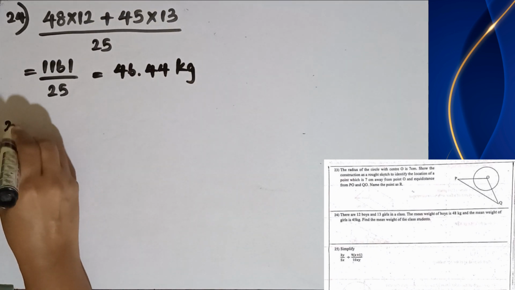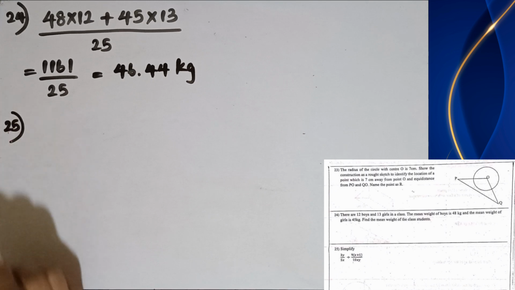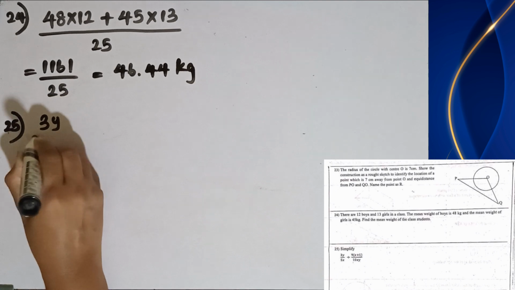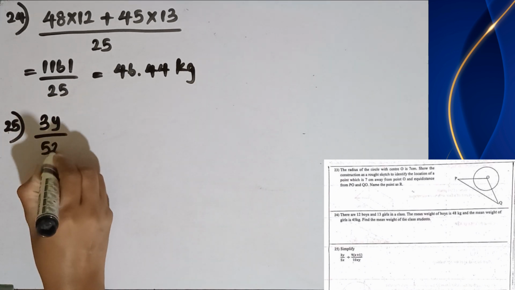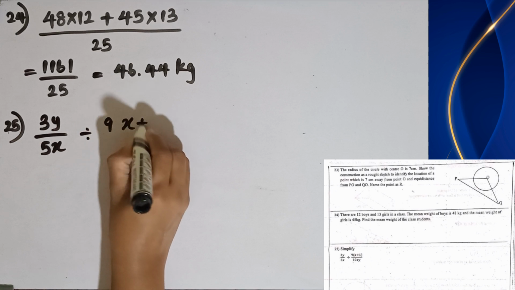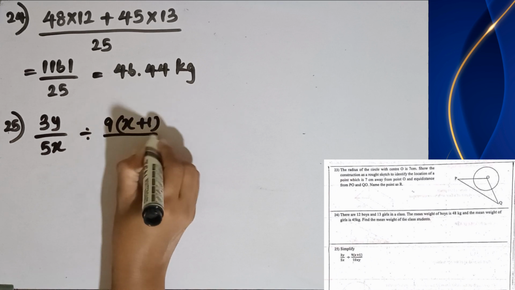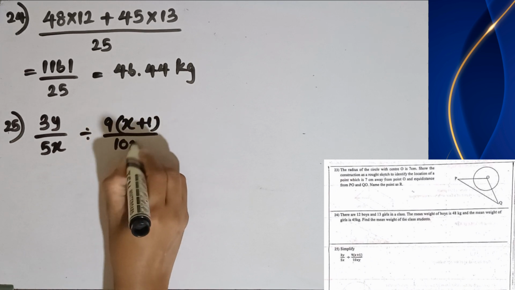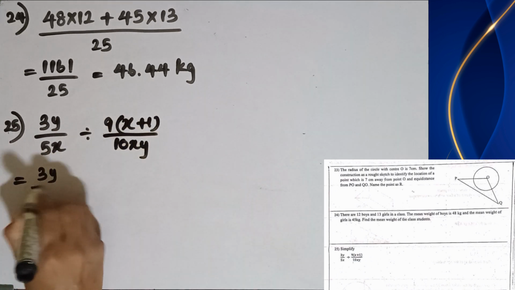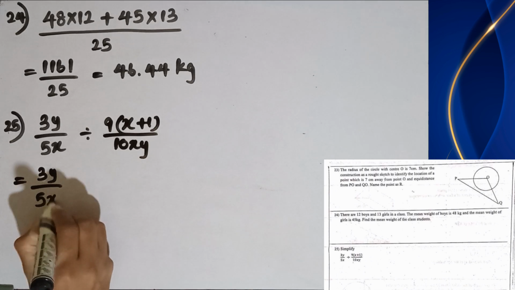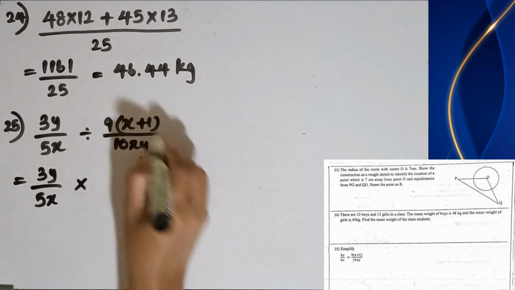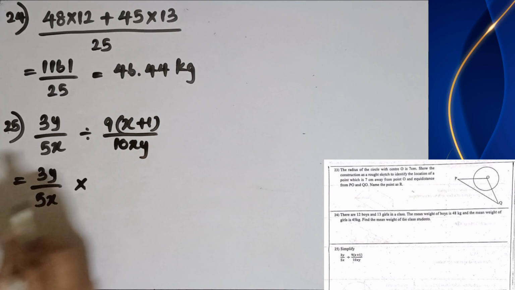Then question number 25. We are given this to simplify. 3y over 5x divided by 9 times x plus 1 over 10xy. 3y over 5x. Then we can convert this division into a multiplication by taking the reciprocal of the second fraction.